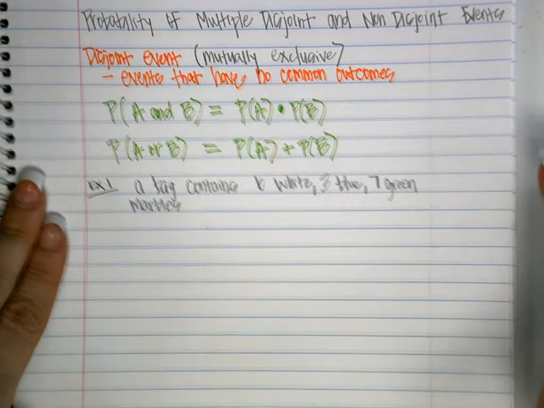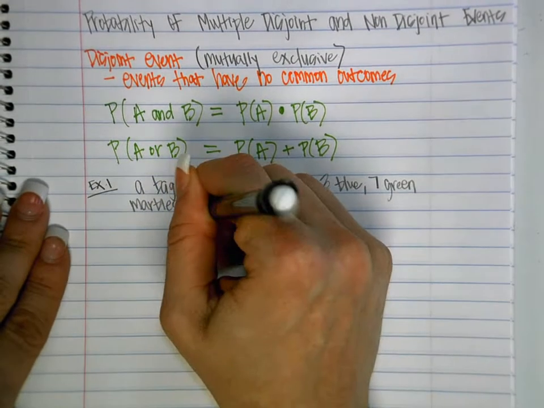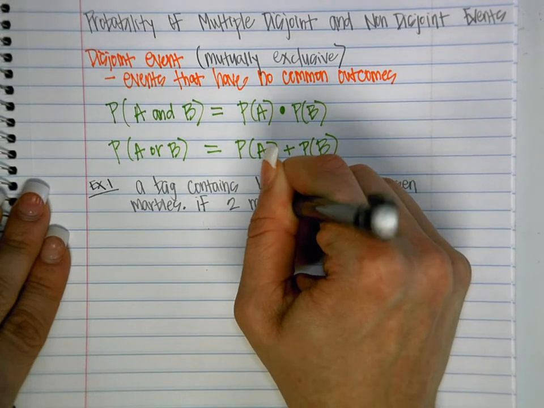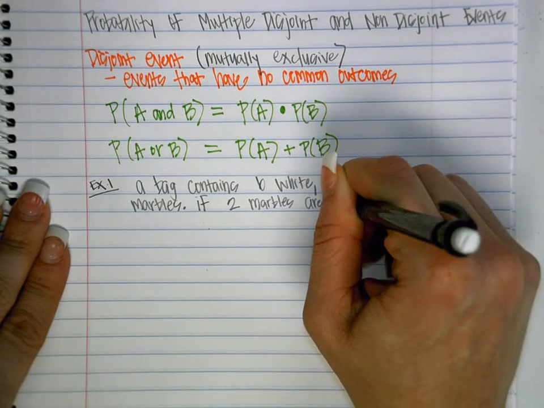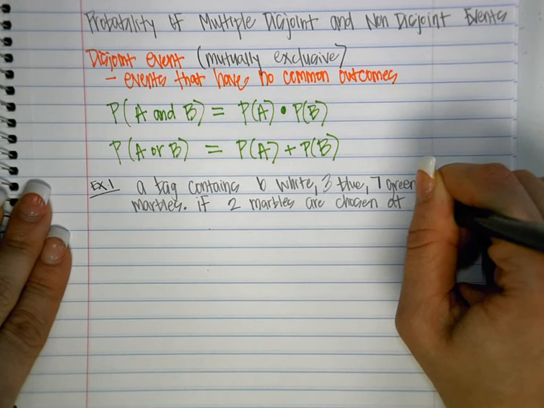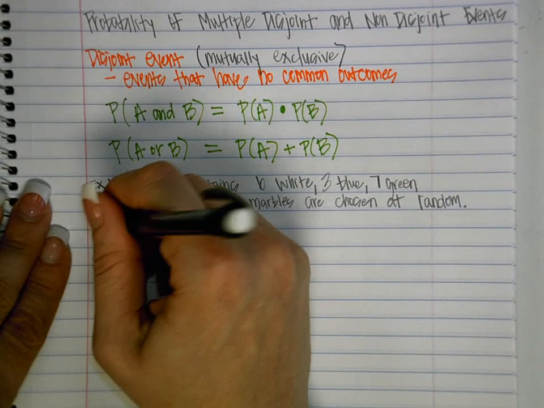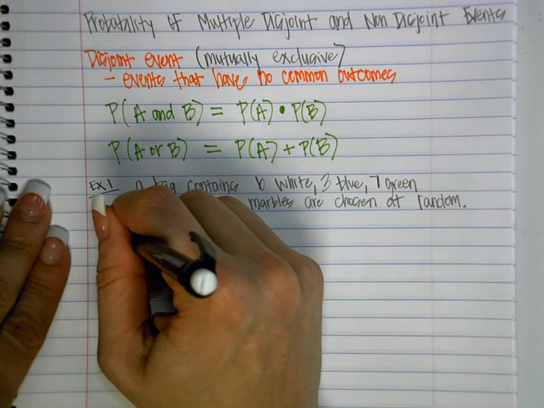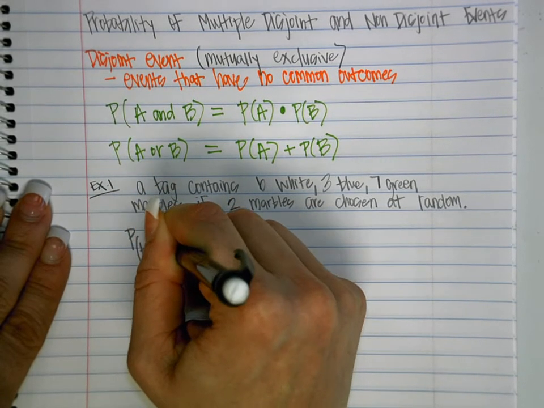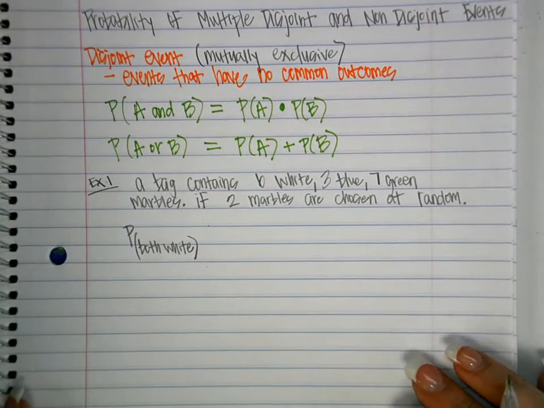If 2 marbles are chosen at random, for the first part, I want you to find the probability that they are both white.